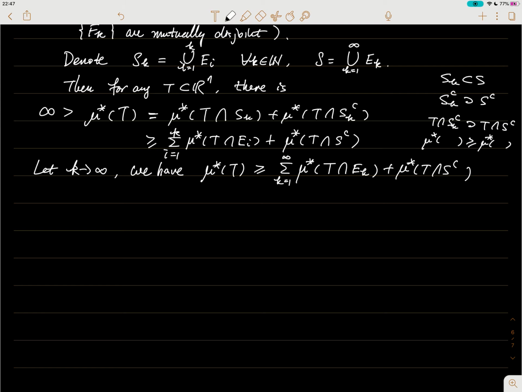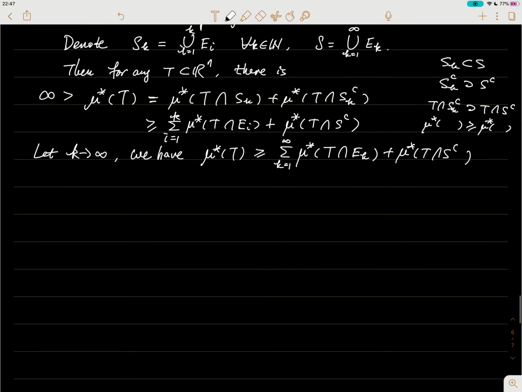Okay, and on the other hand, we know that the sum of these individual outer measures is bigger than or equal to the outer measure of the union. So the union of these sets. Right? In the second term, we do not change it.